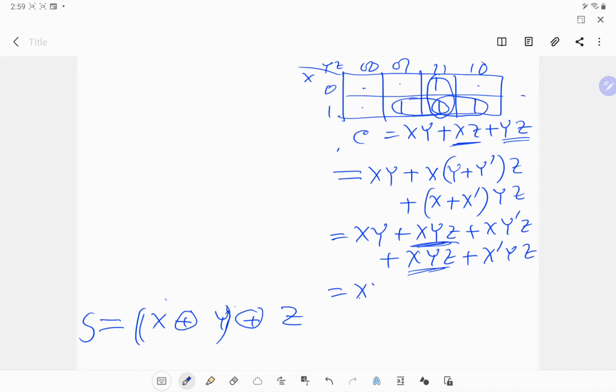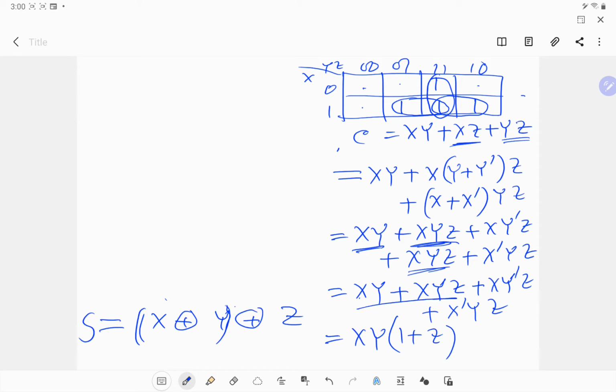So we get xy plus xyz plus xy'z plus x'yz. If we take xy, then we get 1 plus z from these two terms, plus if we take z, then we get xy' plus x'y.